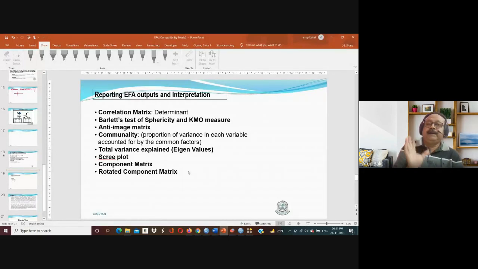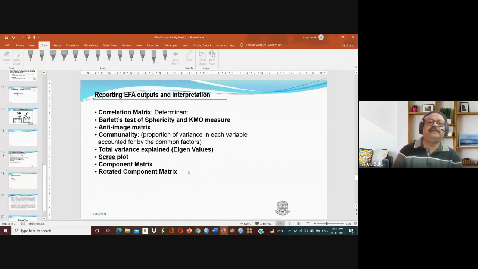But as I have told you, if you are restricting yourself to identifying the measurement constructs only, or identifying the factor structure, or the dimensional spread, or the number of variables which adequately describe or constitute a particular scale, then go for explicit output.